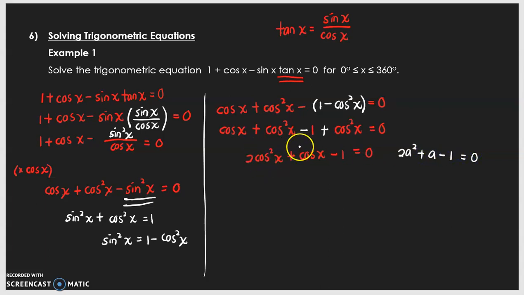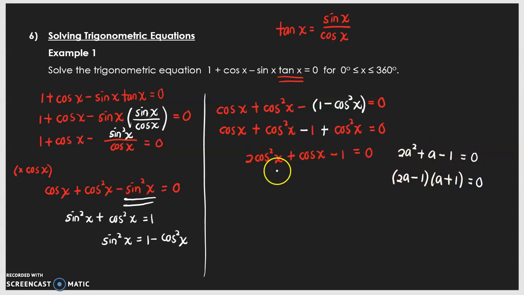Means that cos x, I change to a. So here is 2a squared plus a minus 1, where a is cos x. So if you are using your calculator, here we should have 2a minus 1, a plus 1. So you can use your calculator if our equation is in terms of a.